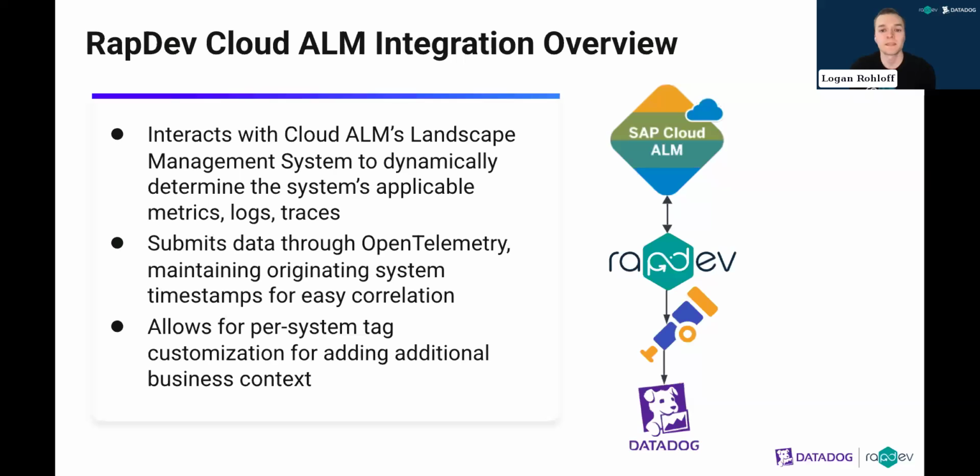And while the integration isn't doing the OpenTelemetry tracing at the source, we do still utilize the OpenTelemetry format for data submission, and a lot of the points that we extract out of SAP are in OpenTelemetry format.